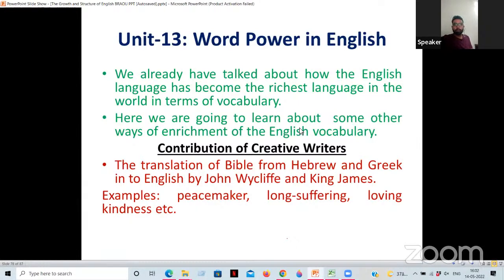So that's why the contribution of creative writers is very important. Sometimes to make a work interesting, the writers and poets experiment with new words. They form new words and new phrases and give them meaning.